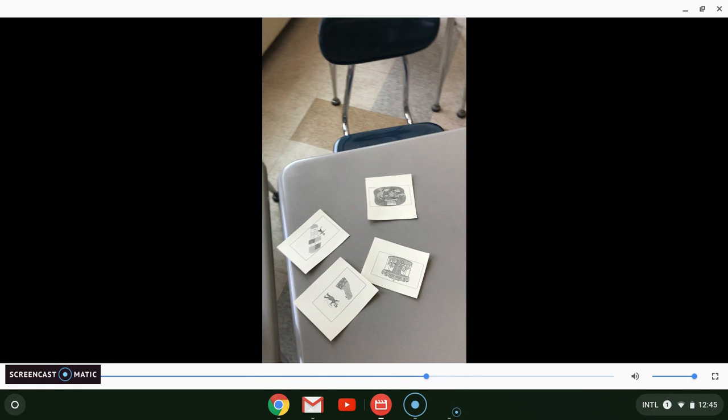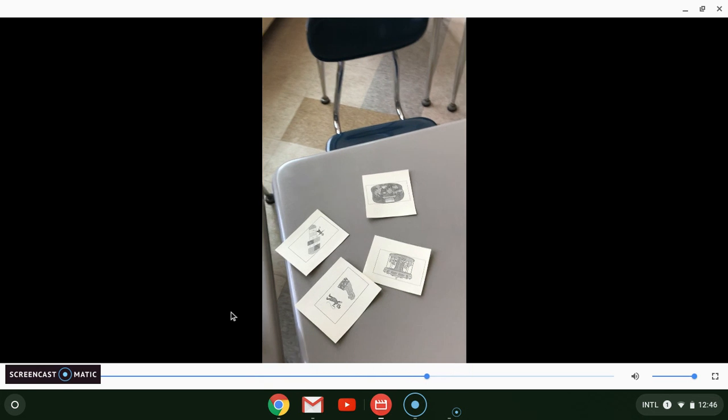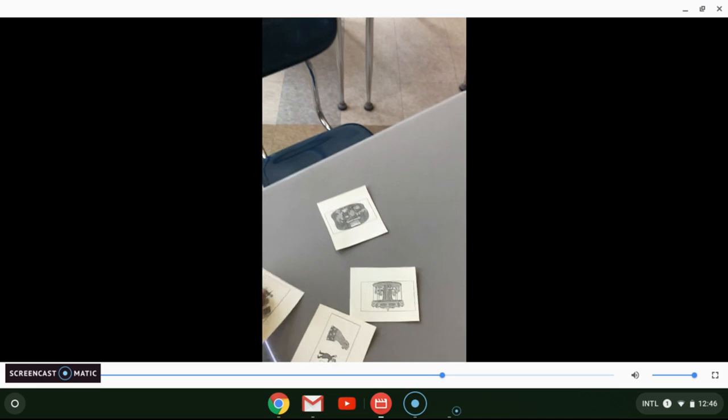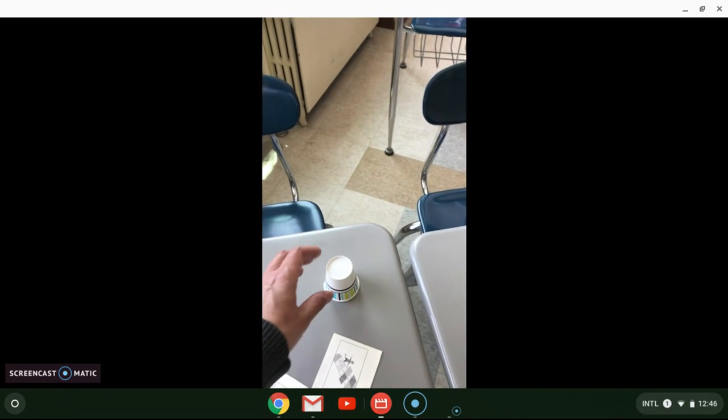So maybe you have these in a stack and you have to say out loud the word for the action, the activity on the card. Either way, once you have figured out who, quote unquote, won that word, they can take the card if they want, but they win a cup.